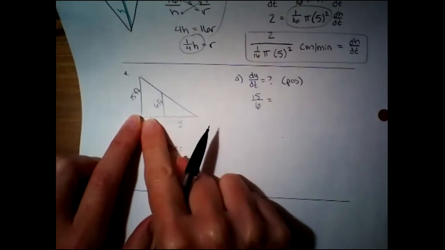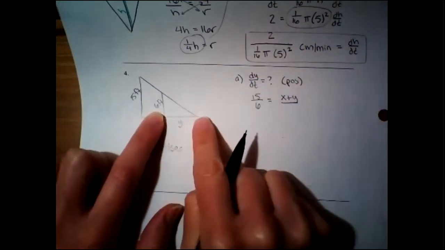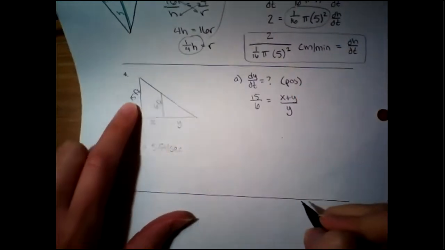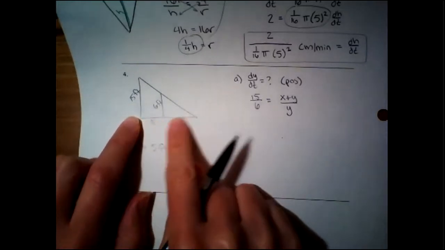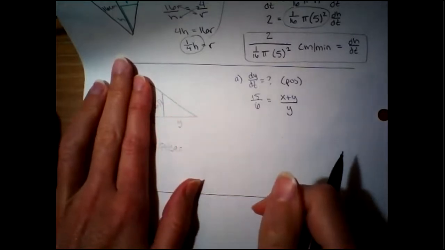So that would be x plus y. And that matches up with just the small triangle, which is y. So it's 15 over 6 equals x plus y, the whole distance, over just y, just for the smaller triangle.